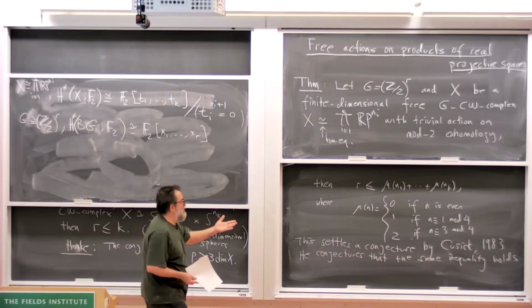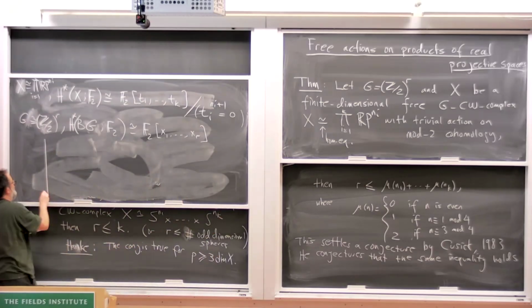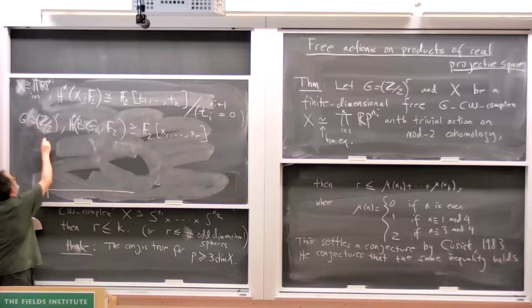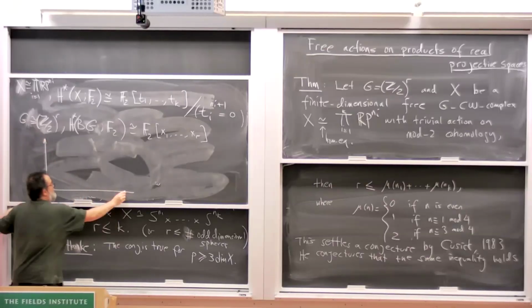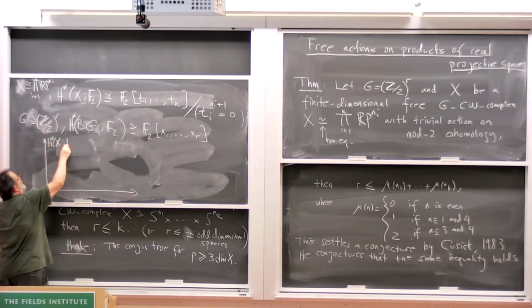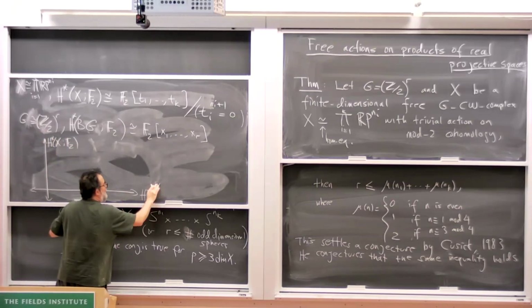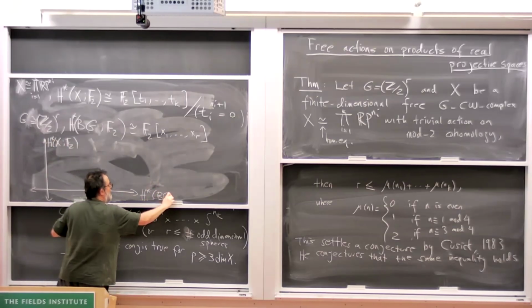So we have a spectral sequence, we have the cohomology. We can look at what kind of differentials there are. Because the action is trivial, we can identify this as the cohomology of X and the cohomology of BG.